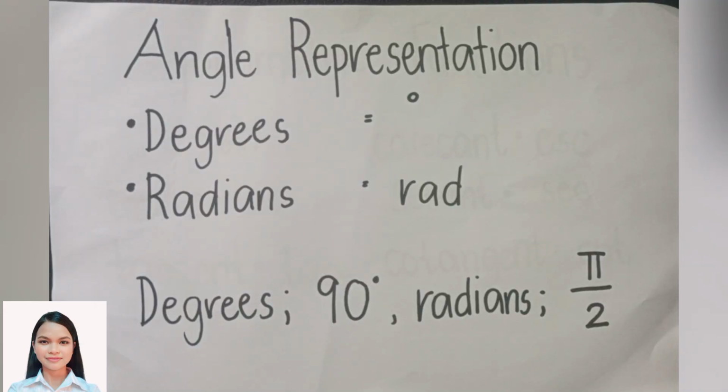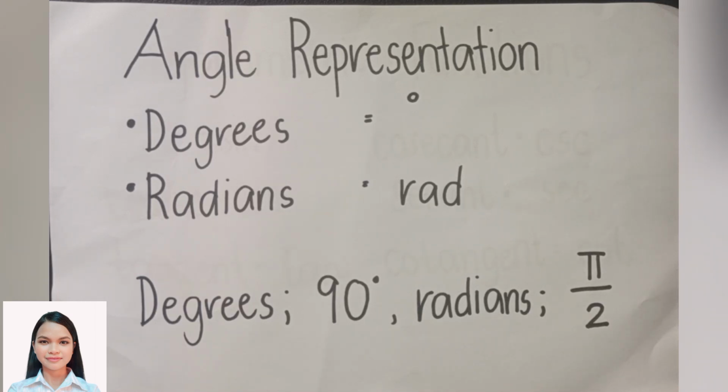So for our first objective, here are some key notations and terminologies that we will be using in today's lesson. First is the angle representation. We can use degrees or radians to measure angles.